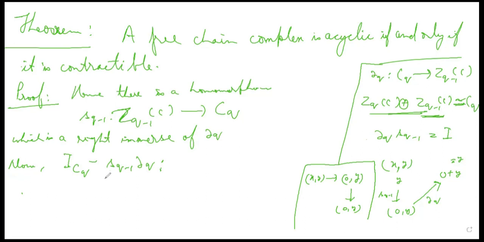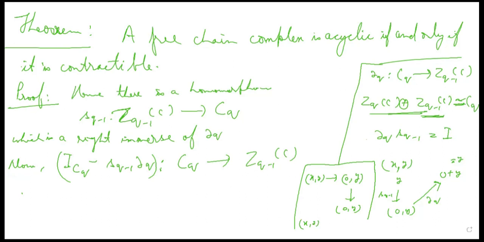So this is a map from basically C_q to Z_q(C). Okay, it takes C_q to Z_{q-1}(C), then it takes that to this. And I_{C_q}, so (x, y) goes to (x, y).